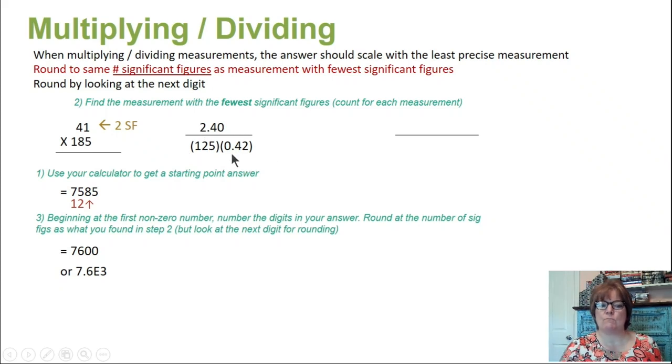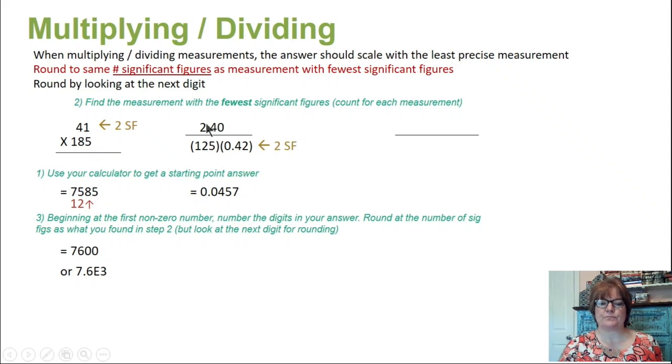Another answer is that I could multiply these two together first, either putting them in parentheses in one answer, or I could come up with an answer, write it all down, and then do a second calculation. But I like to do 2.40 divide by 125 divide by 0.42 because 2.4 is being divided by 0.42. Either way, my answer is 0.0457.